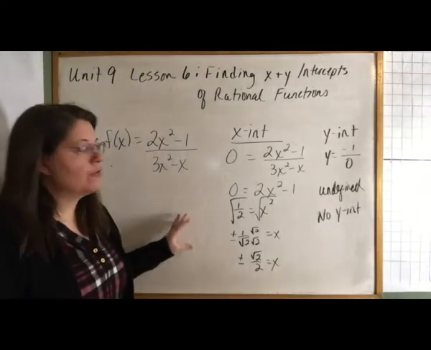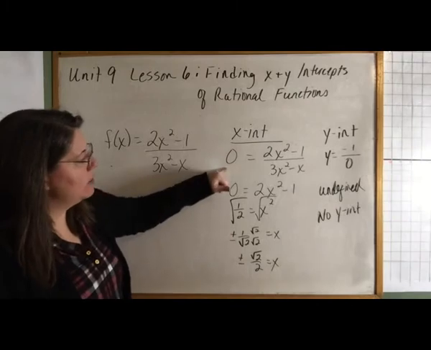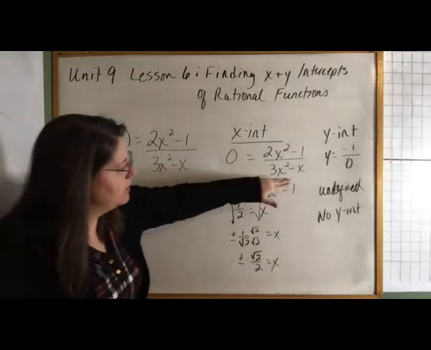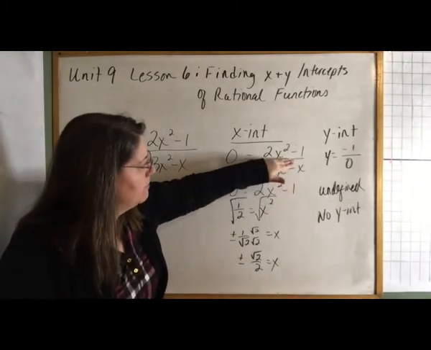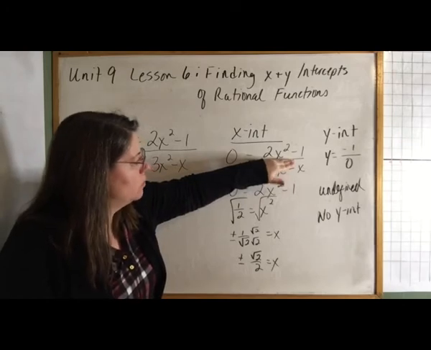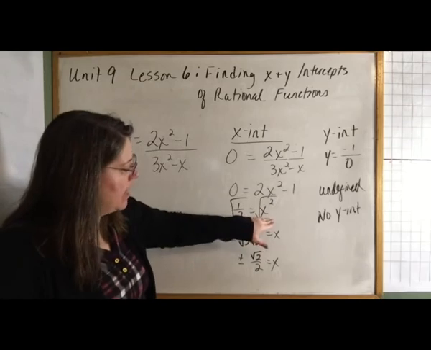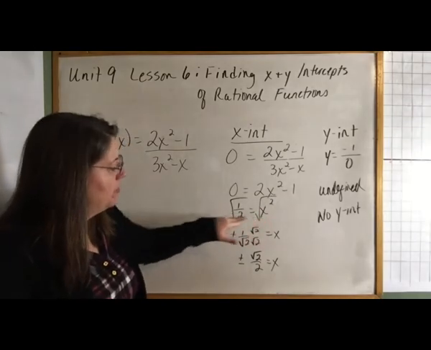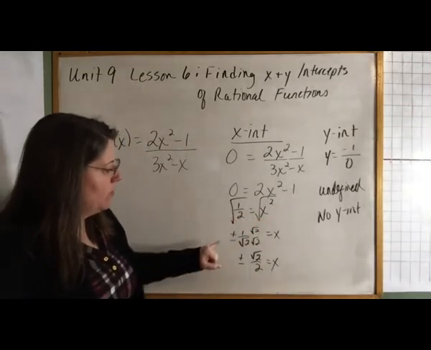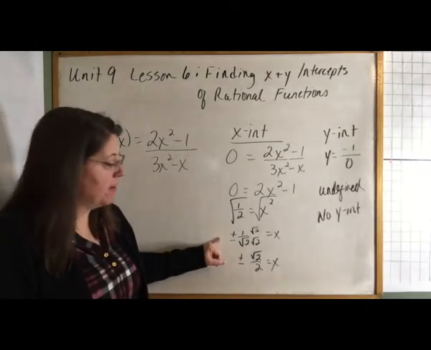So here are your answers for this one. If I let y equal 0, the denominator cancels out, and that leaves me with the 2x squared minus 1 equals 0. When I solve that, I end up with 1/2 equals x squared, and then I take the square root of both sides. When I take the square root, remember when you put the square root in, you have to have a plus minus.